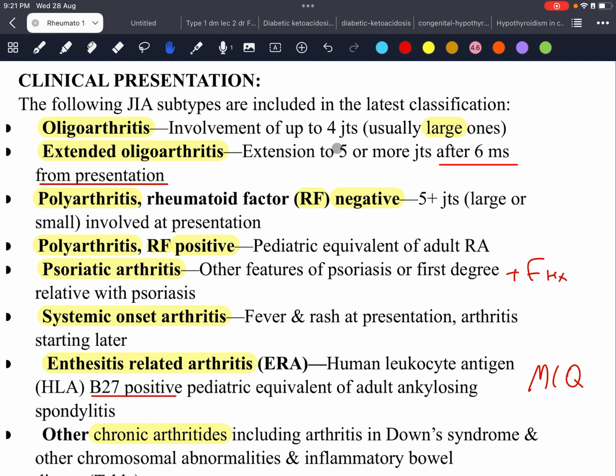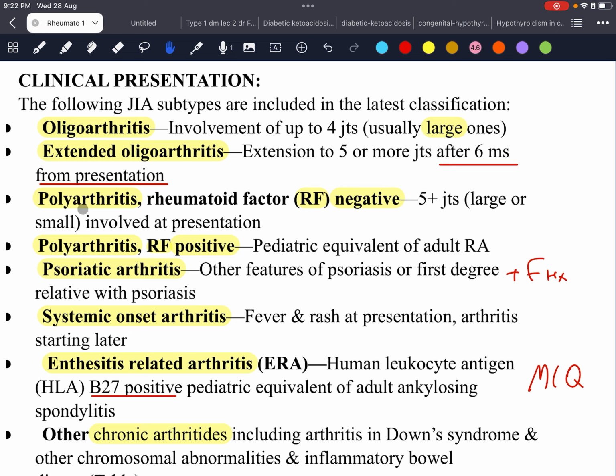It affects medium to large joints, and the most common joint affected is the knee joint. The other subtype is called extended oligoarthritis. It starts as oligoarthritis, and after 6 months it extends to involve more than 4 joints, up to 5 or more. So it's called extended oligoarthritis.